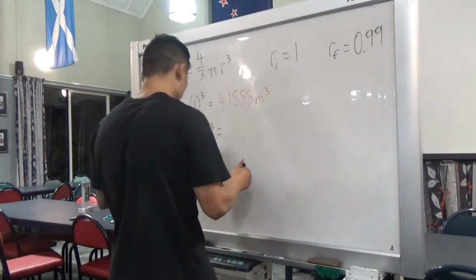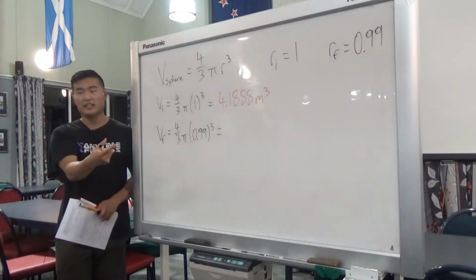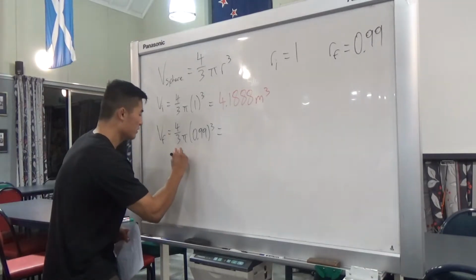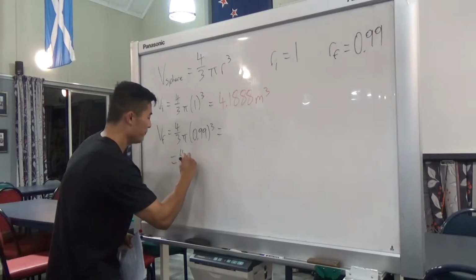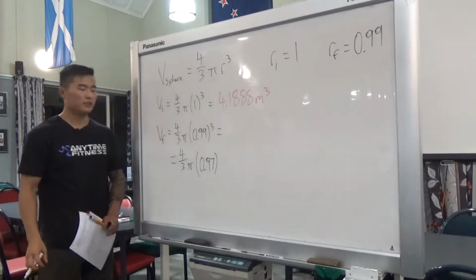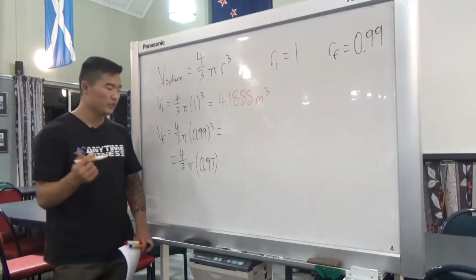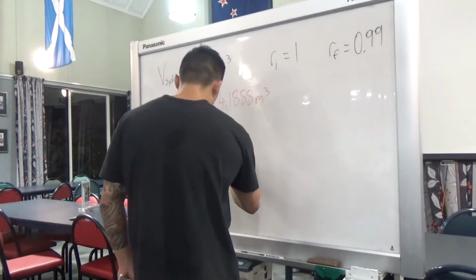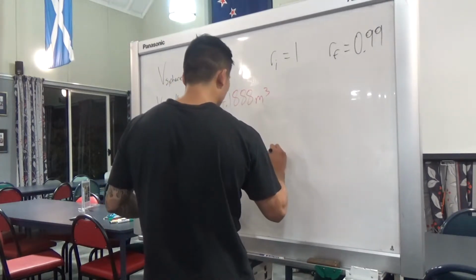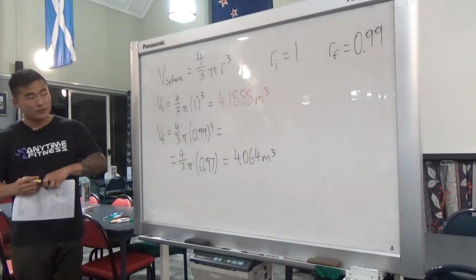If you just did 0.99 cubed in your calculator, it would become 0.97, right? So that basically means that it's going to be 97% of the original volume. So if you did that, it would become 4.064 meters cubed. Okay, so that's your new volume.